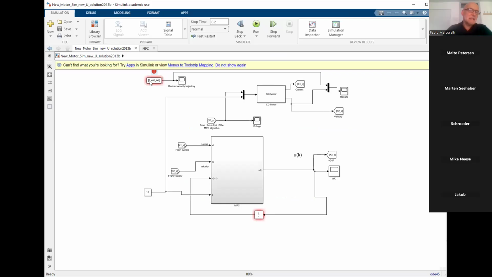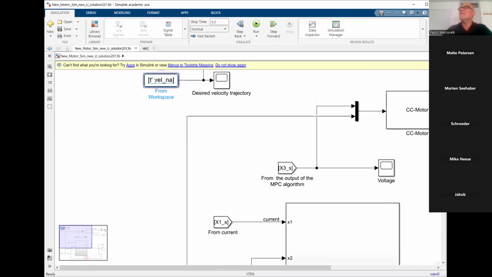The trajectory basically is here. I have to run the data. Otherwise, we can see that Simulink does not recognize the T vector inside this MAT file. It does not recognize the velocity vector either.